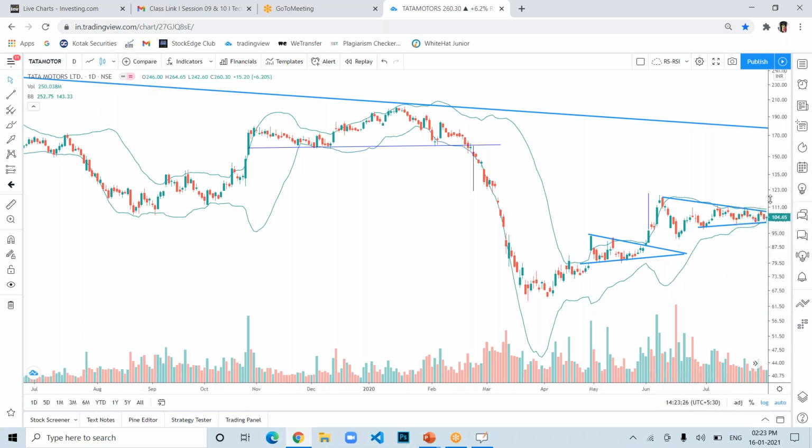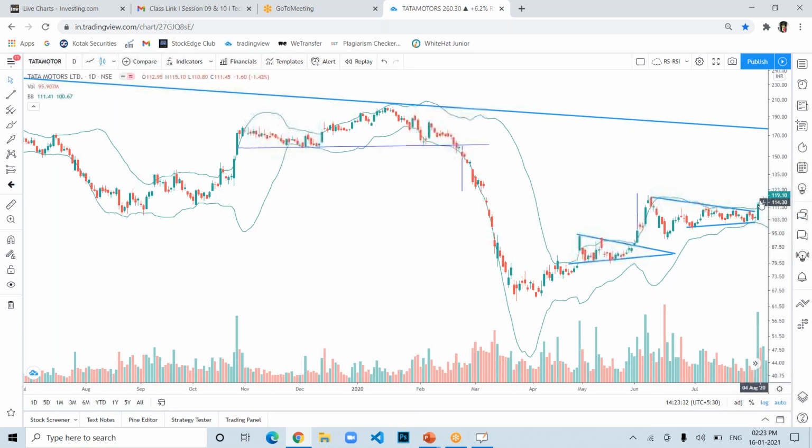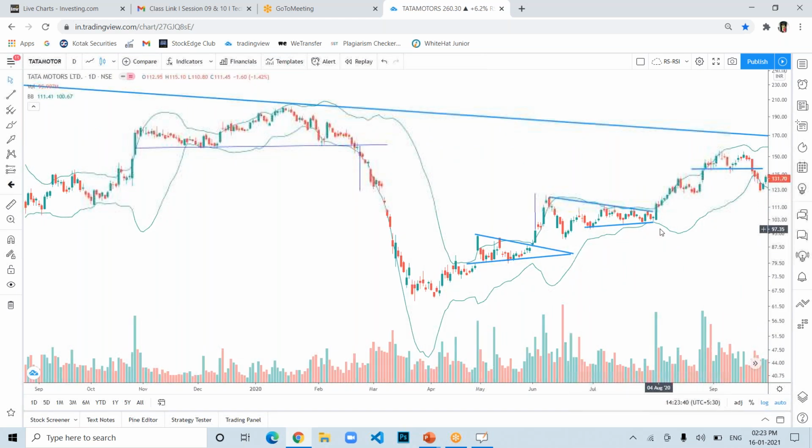So either way, when the price penetrates, you will enter into the trade. In this case, it broke up on the higher side with volume, so you buy with the lower band as the stop loss.